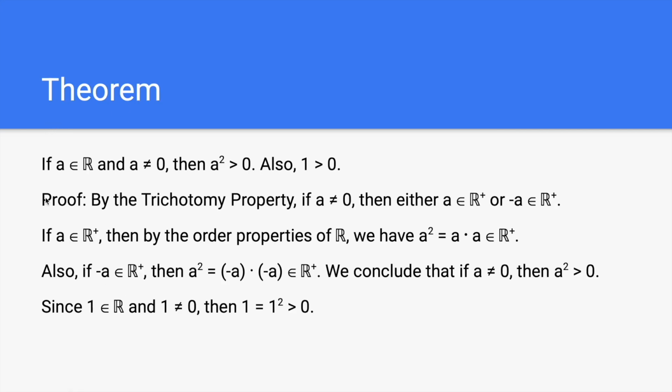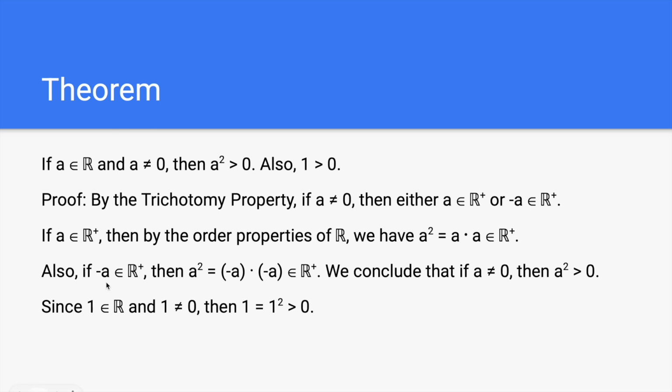Theorem. If A is a real number and A is not 0, then A squared is greater than 0. Also, 1 is greater than 0. Proof. By the trichotomy property, if A is not 0, then either A is positive or negative A is positive. If A is positive, then by the order properties of R, we have A squared equals A times A, which is positive.